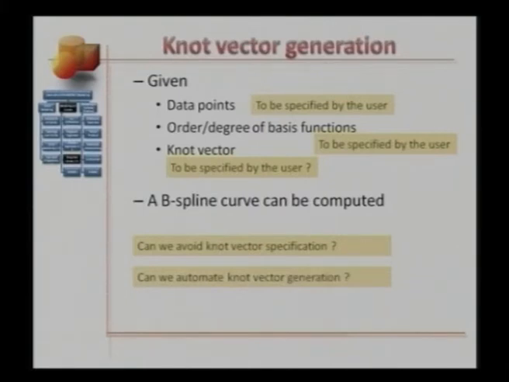If it is possible that we don't specify a knot vector, is it further possible for us to automate knot vector generation? These are the questions that we'll be keeping in mind when discussing concepts in today's lecture.